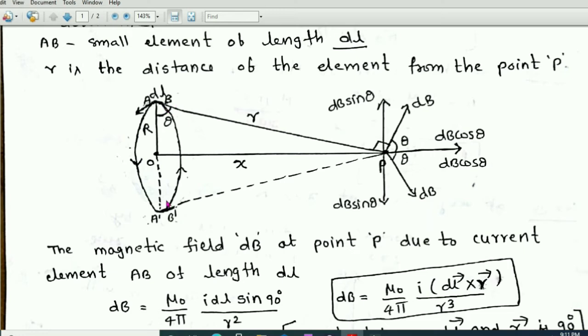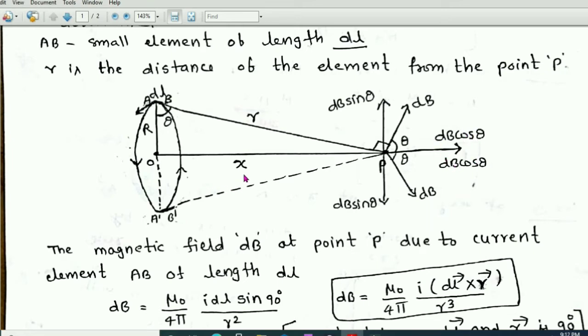Not only AB and A'B', if you take any elements on this circular coil, due to the opposite length elements, the vertical components will get cancelled. Due to all the length elements, the horizontal components, those are dB cos theta, will get added.